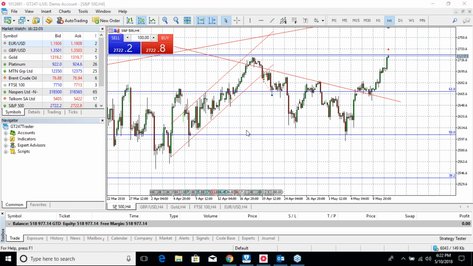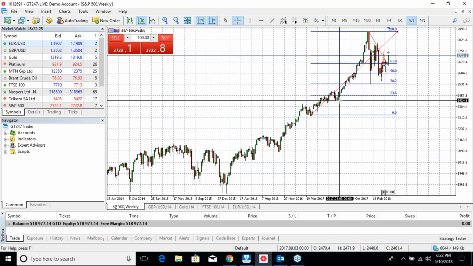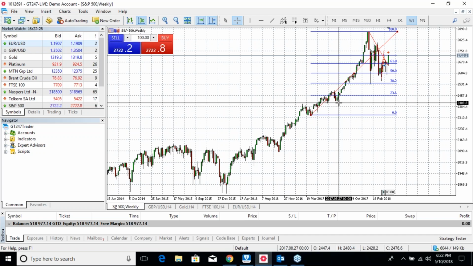Disha is asking why I started the Fibonacci retracement that close instead of going all the way back. With Fibonacci lines, to be honest, when it comes to analyzing, it's totally up to you. However, I didn't want to go too far back. What I could have also done is draw the Fibonacci line from this point, but it would rather be around this point.